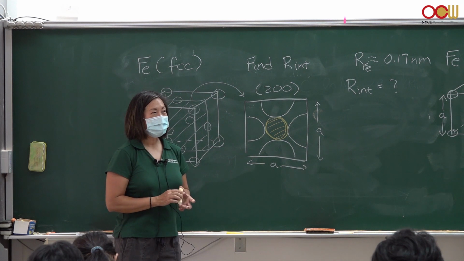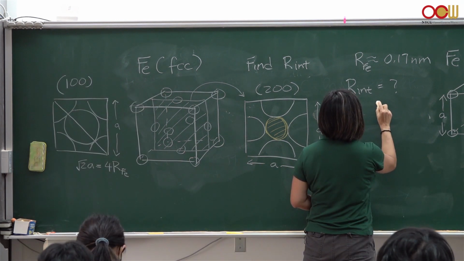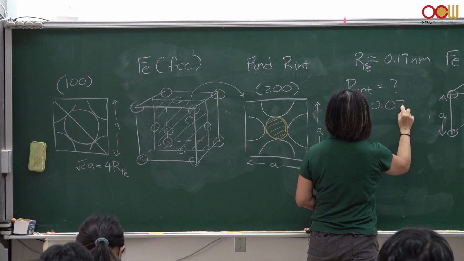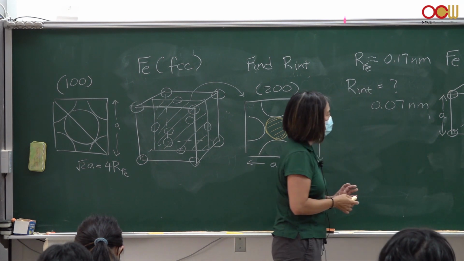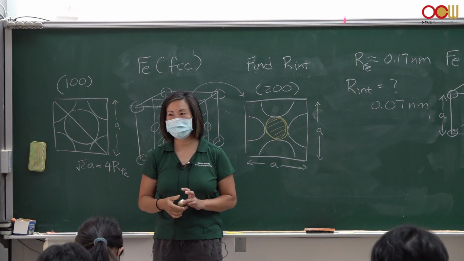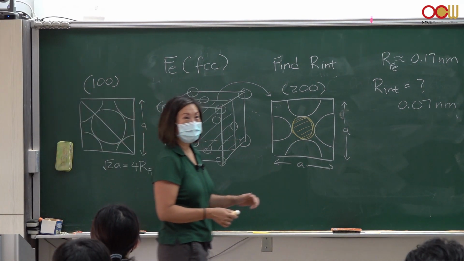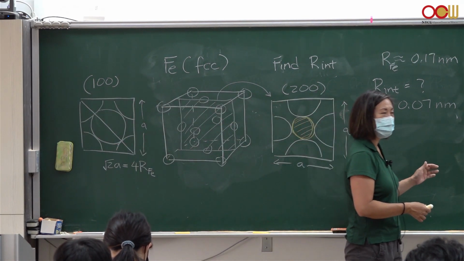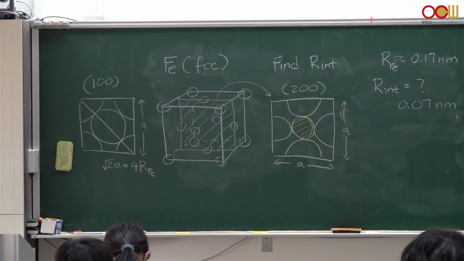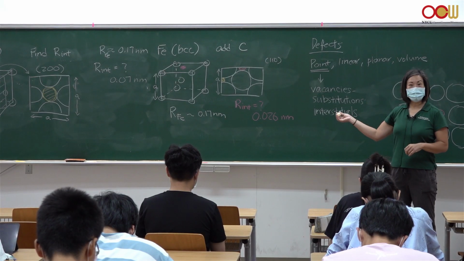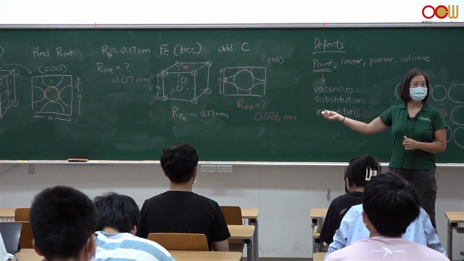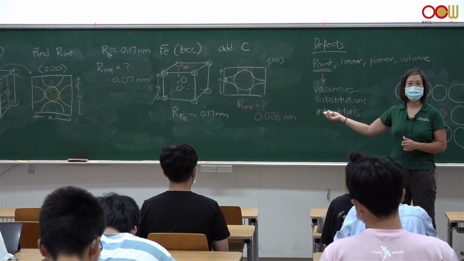Anyone have a number yet? Like that? Okay. Anyone get something different? Okay, everyone agrees 0.07 nanometers is the interstitial site for FCC? Yeah? Okay. So carbon actually fits really well into the FCC interstitial site, right?